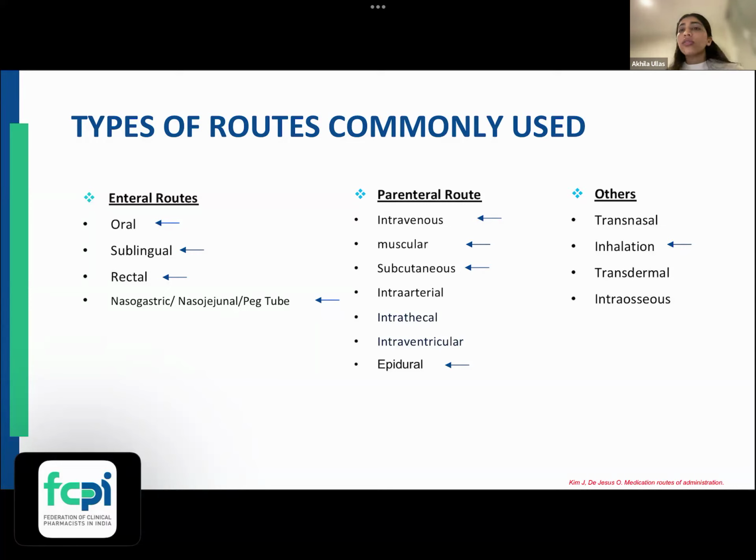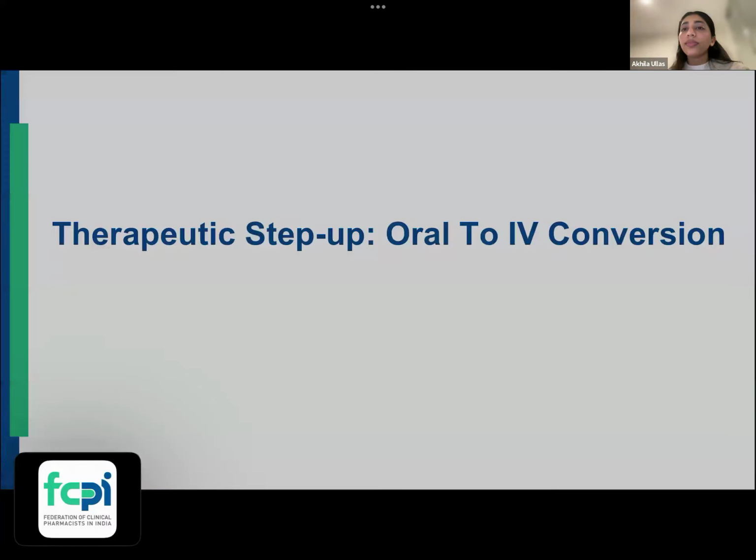In the enteral route, oral, sublingual, rectal, RT, and PEG tubes are commonly seen in the critical care unit. Other routes like inhalation we use most probably in critical care, and transnasal and transdermal are not quite used in ICU, but in my practice I have seen these are the most relevant routes used in critical care.